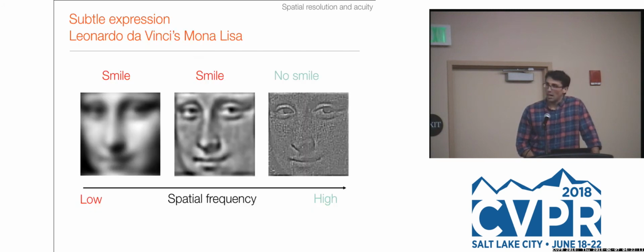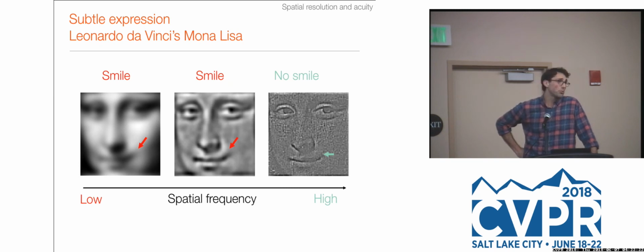That's good. And earlier work looking at Mona Lisa has suggested that the perception of her smile is in fact a function of the spatial frequency that it's embedded in.